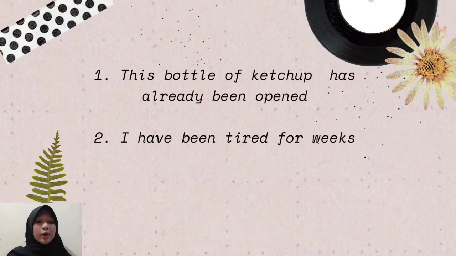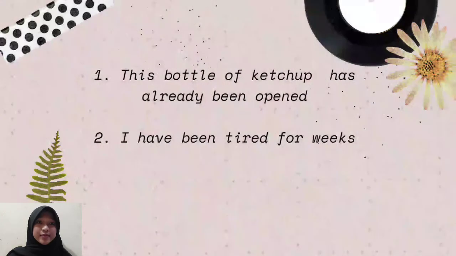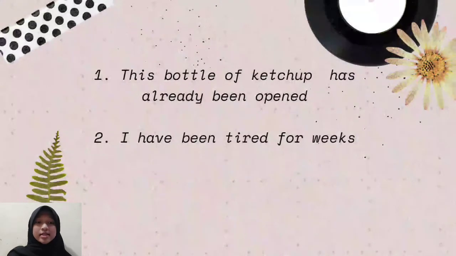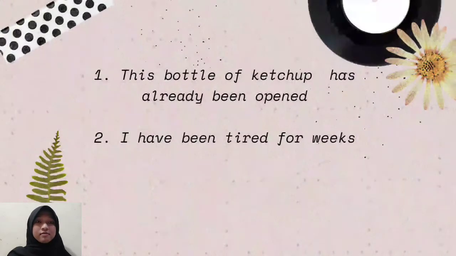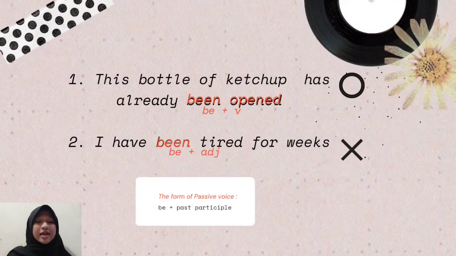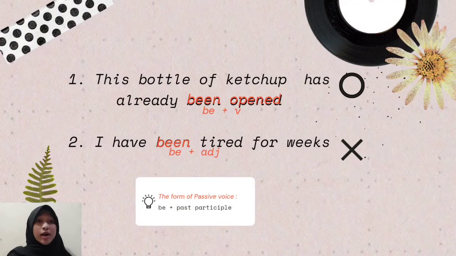So, let's compare 2 sentences. First, this bottle of ketchup has already been opened. Second, I have been tired for weeks. Which sentence is passive? Right, the first one. Why?